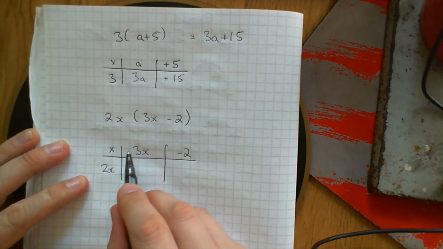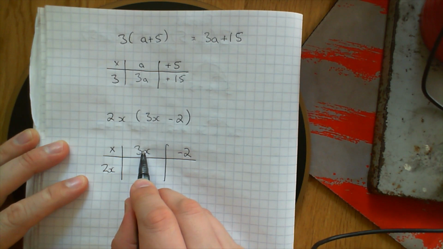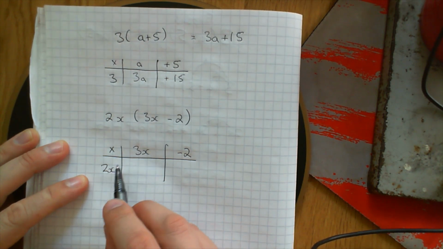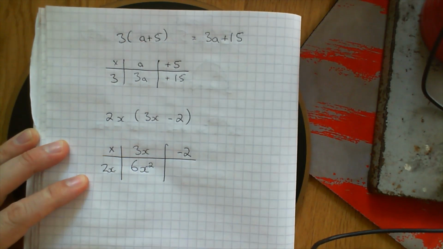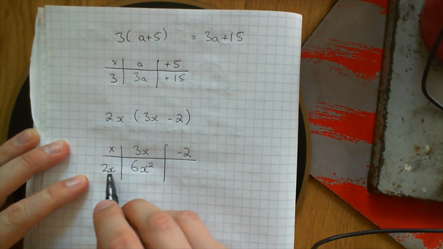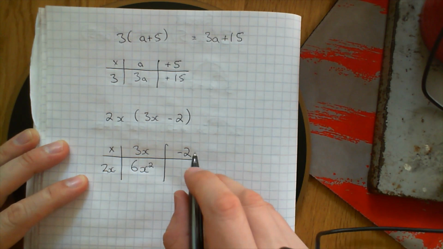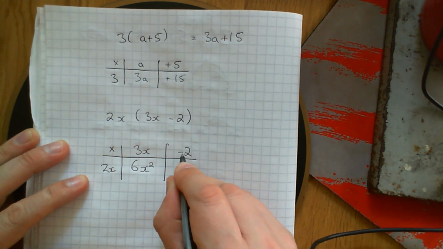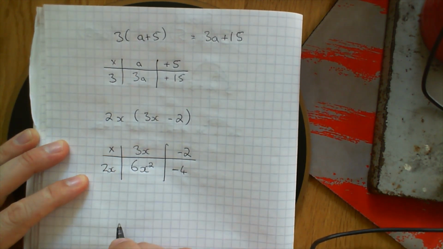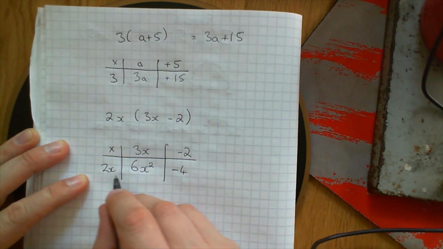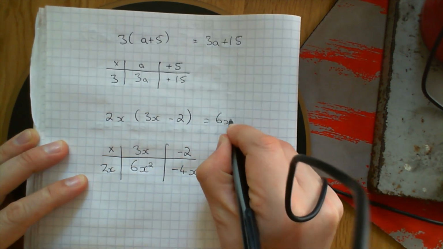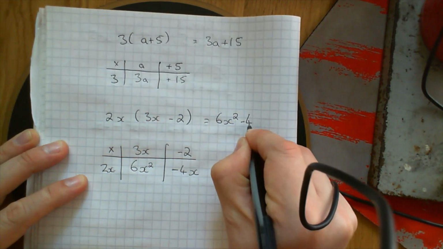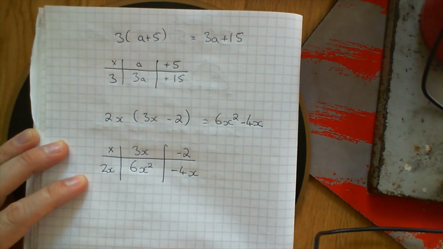Again we're doing 2x times 3x, and 2 times 3 is 6, x times x is x squared. 2 times 2 is 4, but it's 2 times minus 2, so it's minus 4, and there's no x up here, but it's an x here, so we keep it the same, and we get our 6x squared minus 4x. And that's it guys.